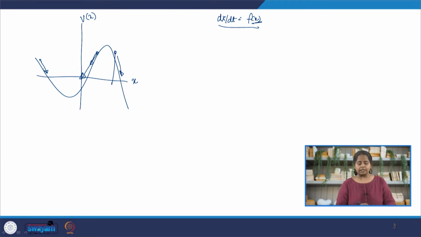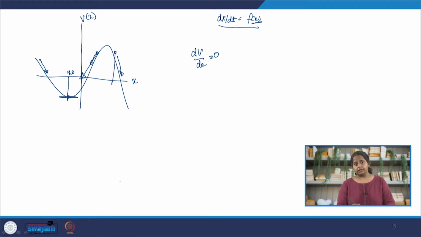So if you look at the system, you can already tell that if the x is here, x naught, then it will not move because it is at a place where dV/dx is 0. It is at a local minima. It's at a place where the rate at which V is changing with x is 0. So we will not see any movement in this particular plot.